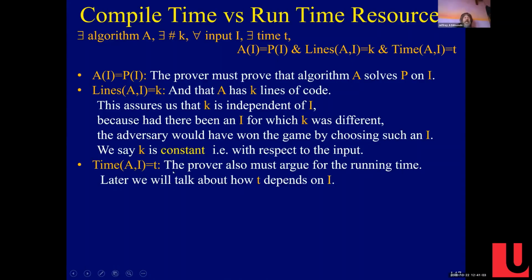Right now we're not saying much, although in some ways we're saying t has to be finite, so there exists a t. In some ways I am saying something deep. The range on t is finite integers. So I'm saying the algorithm has to halt, right? Later, we'll talk about runtime, how the time depends on the input.